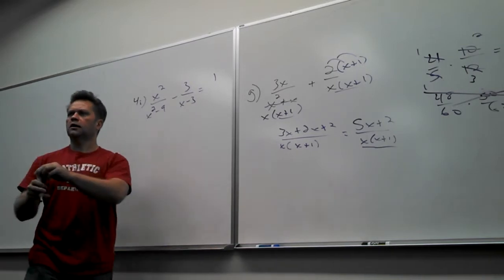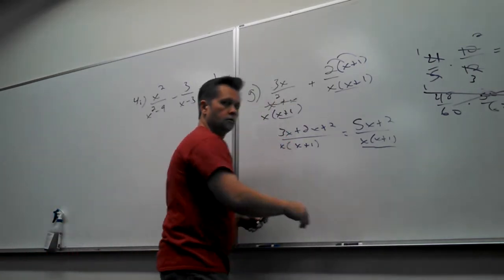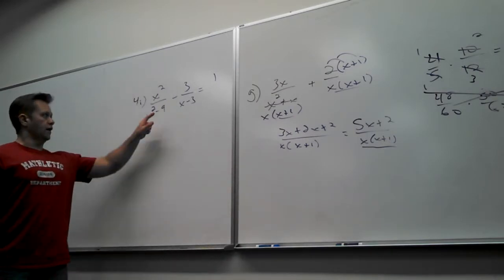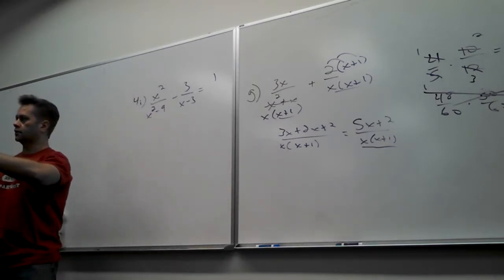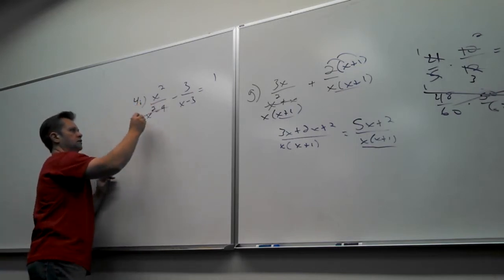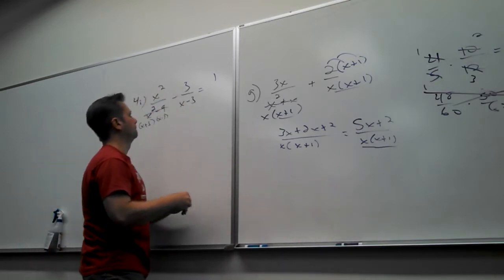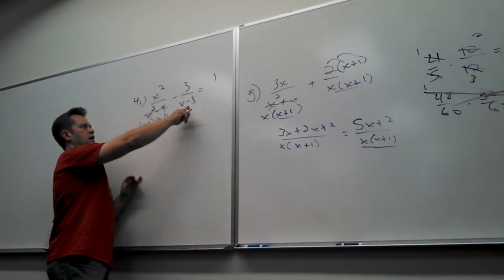So let's see, what's the steps here? Yeah, factor the denominator so I can see what it's got, so I can see who's missing what. Right? So how do you factor x squared minus 9? So now who's missing what? What's this guy missing?